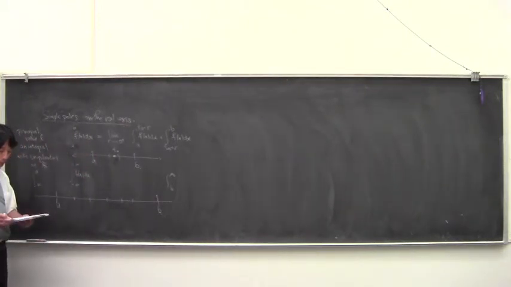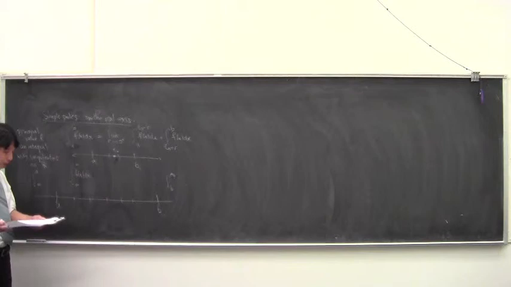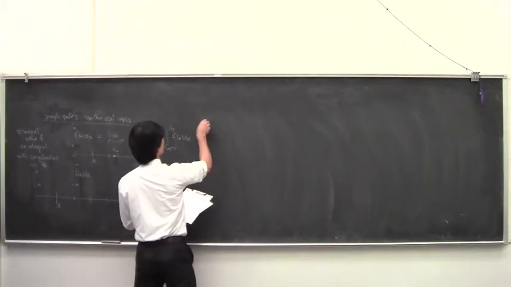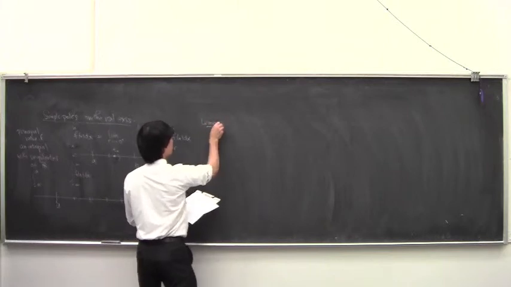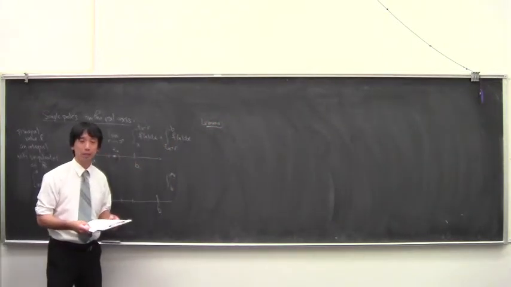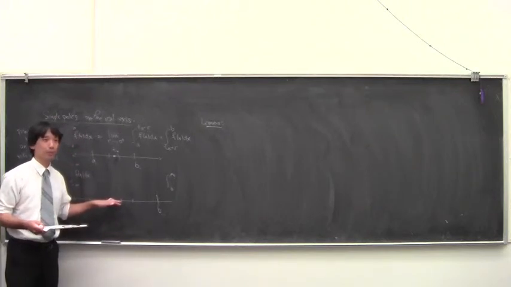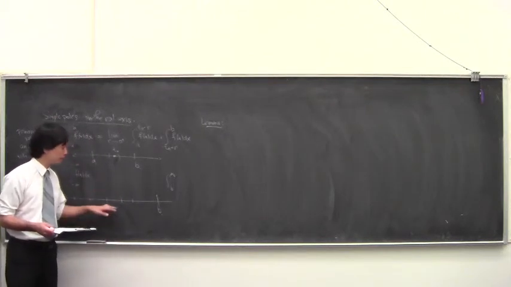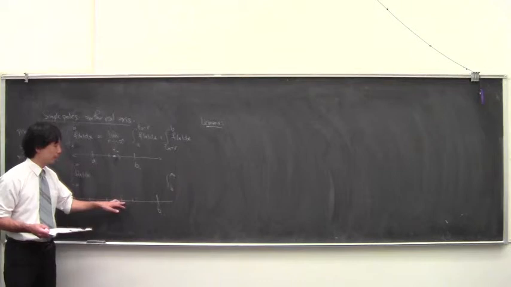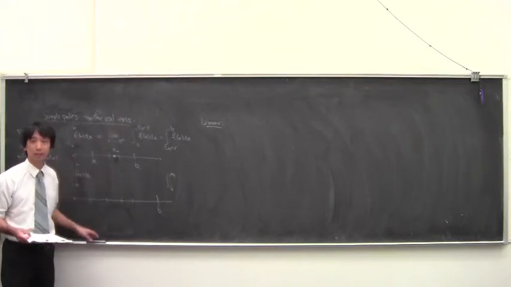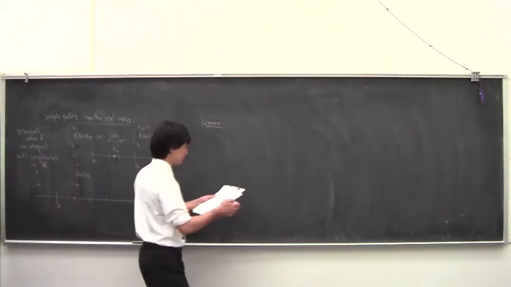And the main tool that we're going to use is a simple one. It's the following lemma. Basically, we're just going to do the same thing as before, but we need to modify it to compensate for these simple poles. The extent we need to modify will be made evident in this lemma.